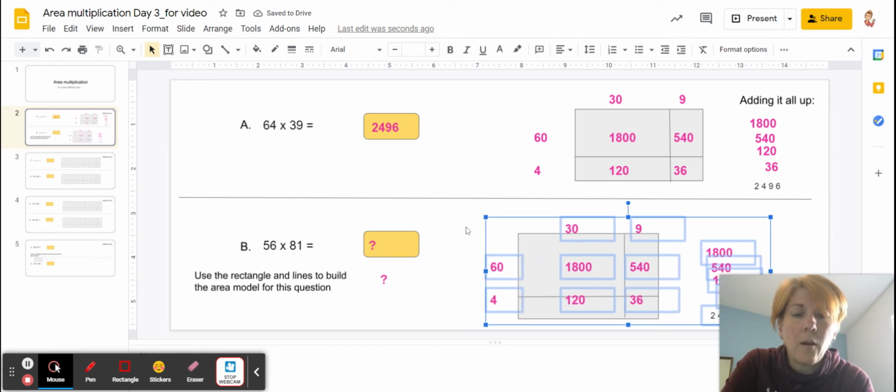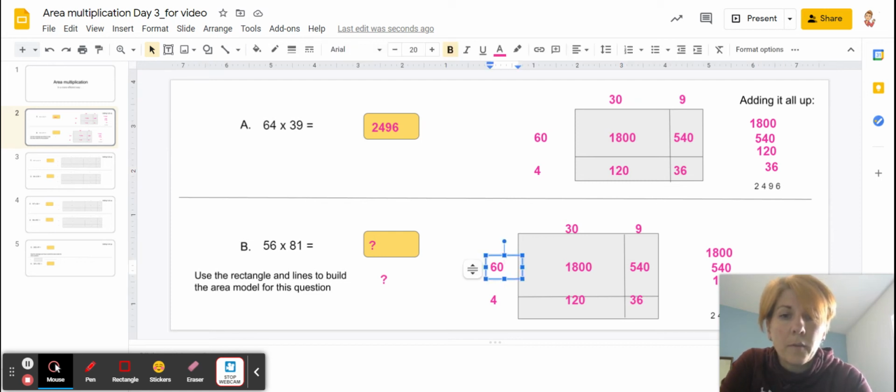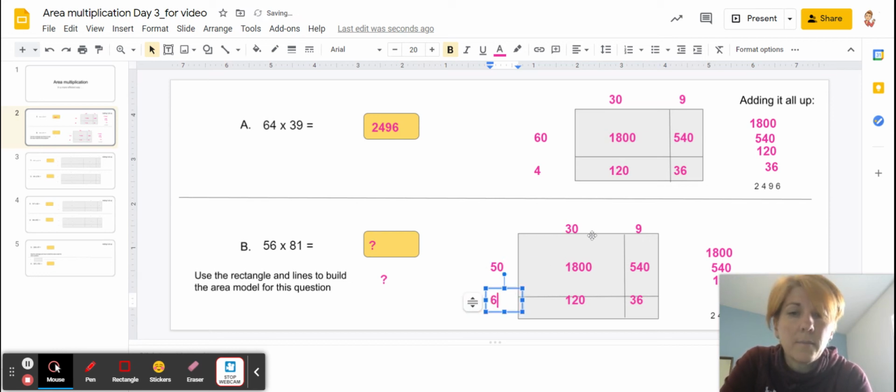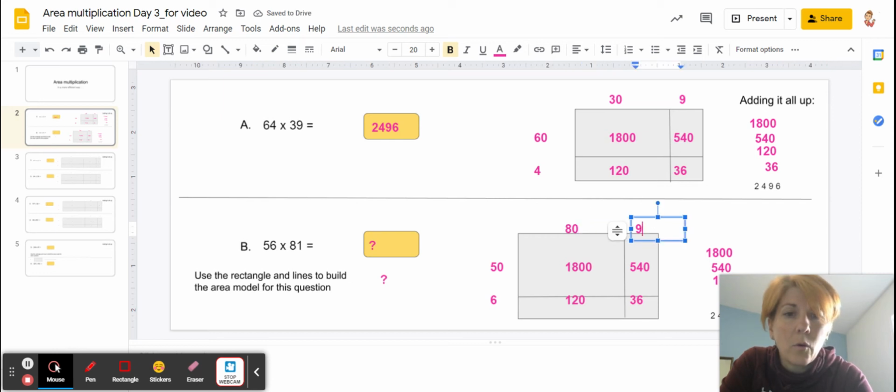Okay, so now I'd have to change these numbers. So on the side here, I could do the 50, then 6, and then up top I would have 80 and 1.